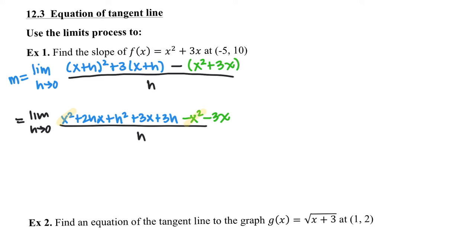X squared minus x squared, 3x minus 3x. Okay, and then it looks like everything else is going to stay, so let me write what I have. Okay, I'm going to factor out the h and then cancel it because I know that this will be indeterminate as is.